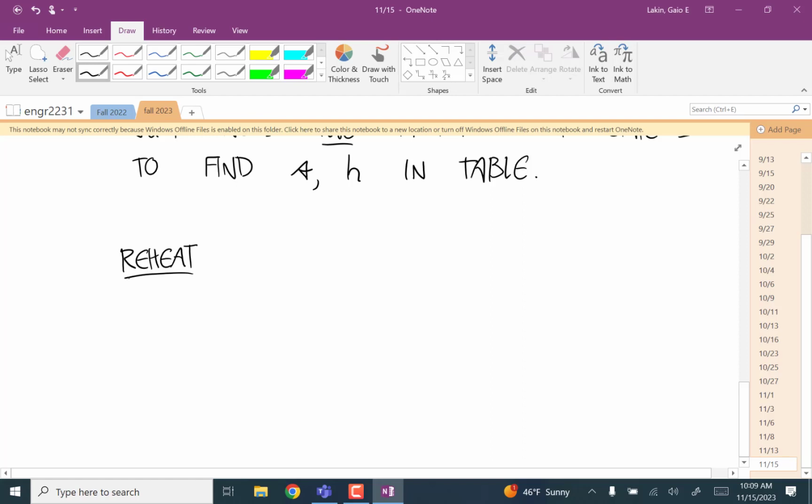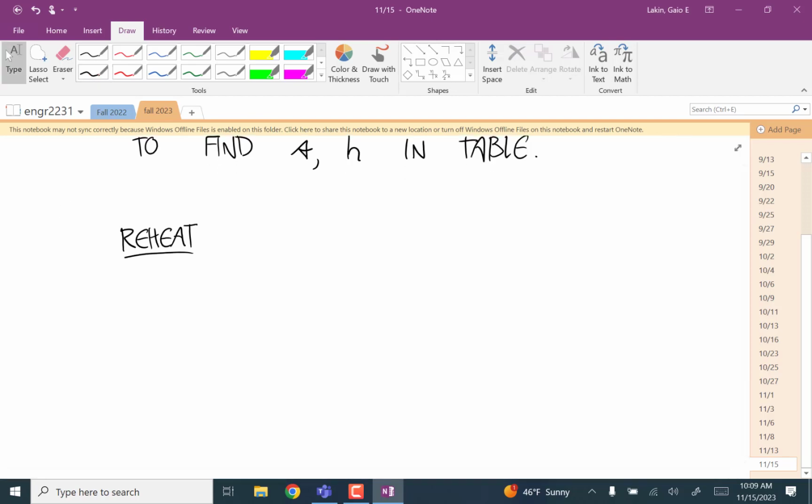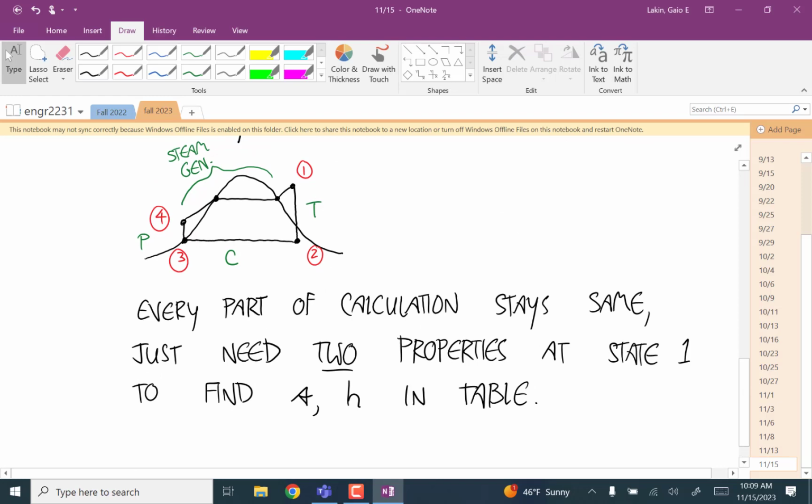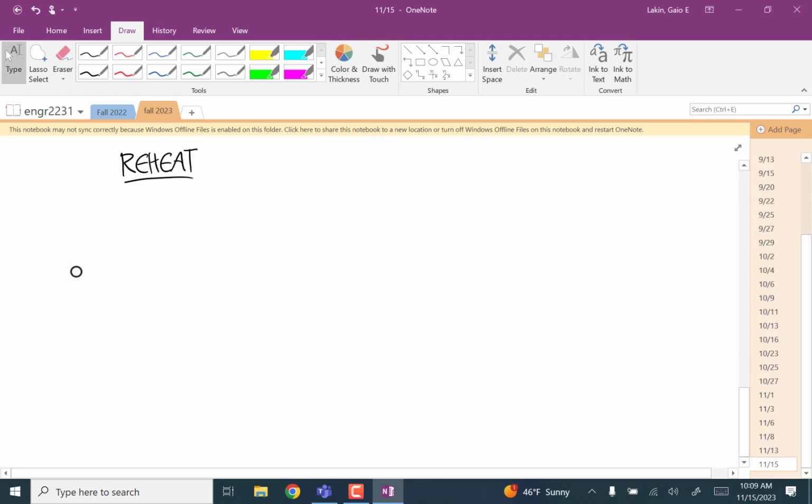And for reheat, the issue... okay, so I'm going to draw not just the temperature entropy diagram, but sort of a diagram of how this whole cycle works.